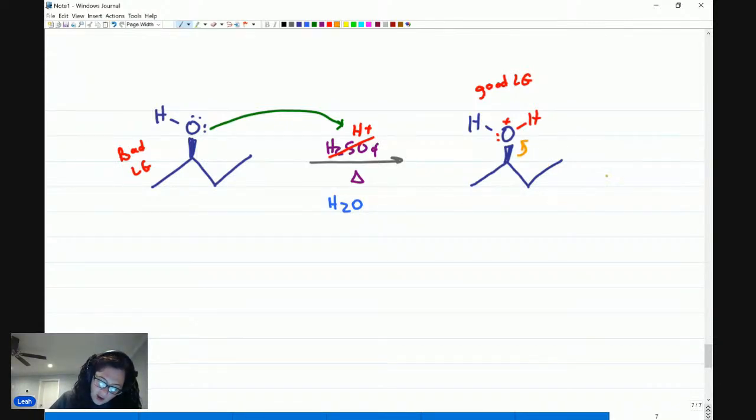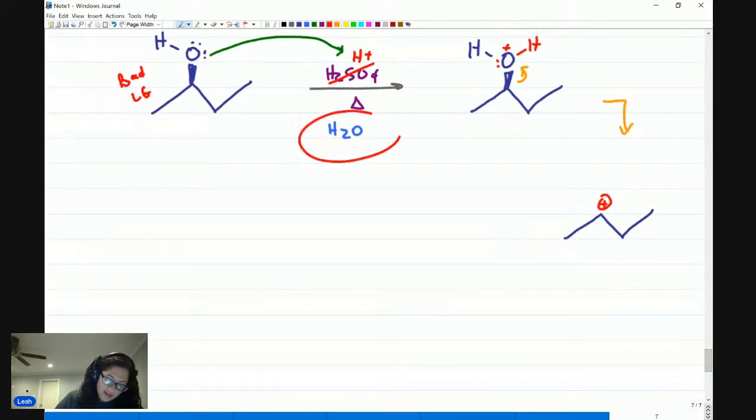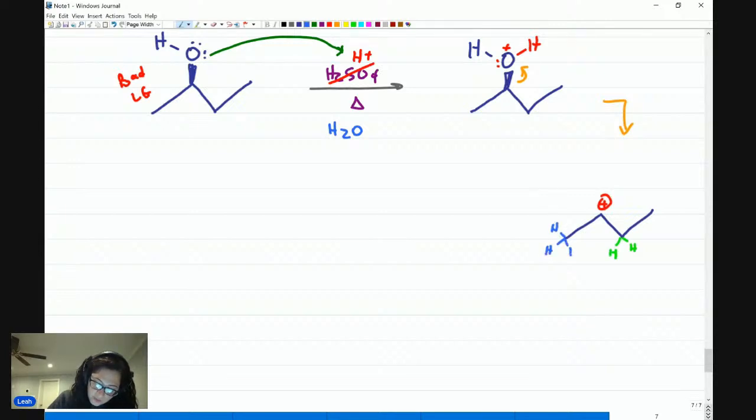So we make it go gone, as my kiddo says. And that gives us a carbocation intermediate, where the carbocation is susceptible to attack by the solvent, and the beta hydrogens are also susceptible to attack. So I have light green beta hydrogens here. We'll put some light blue beta hydrogens over here.